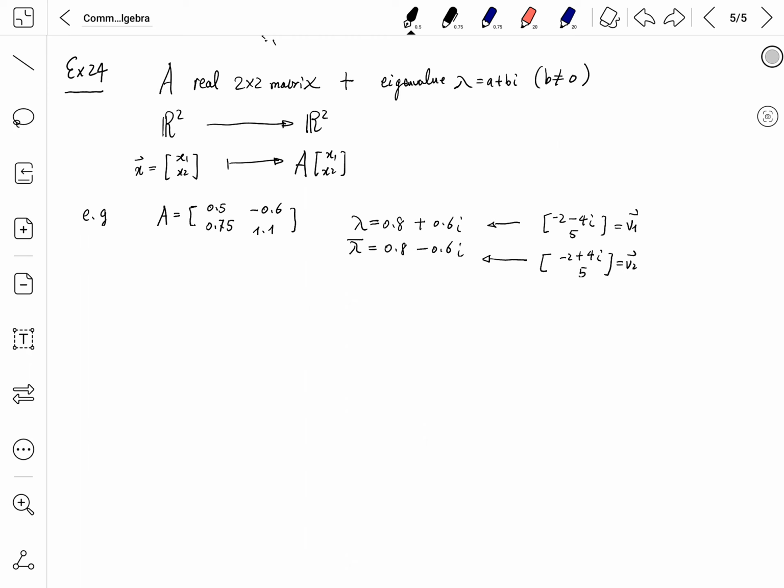And if you use some numerical computation, you will see that, for example, let me take this to be the real plane.